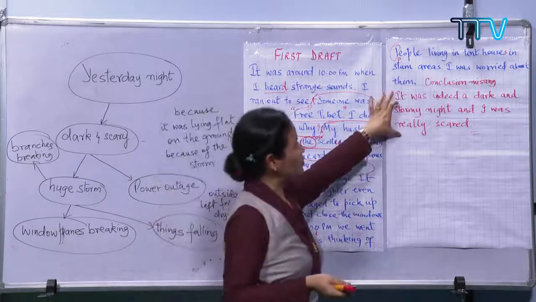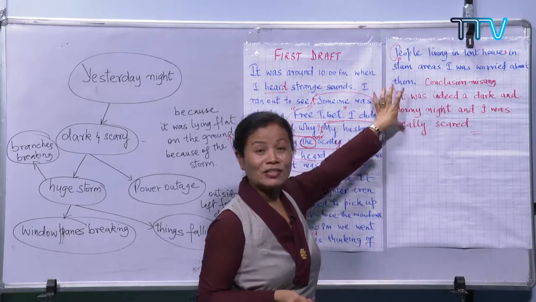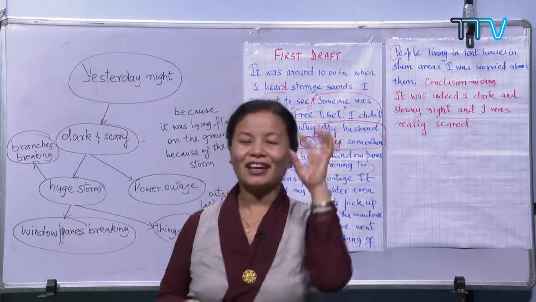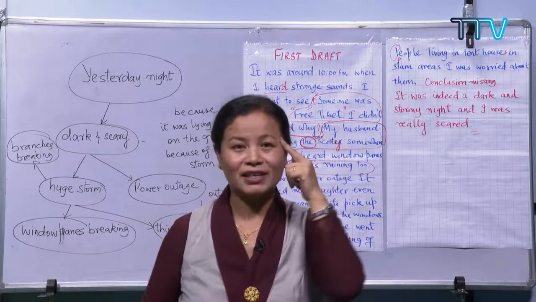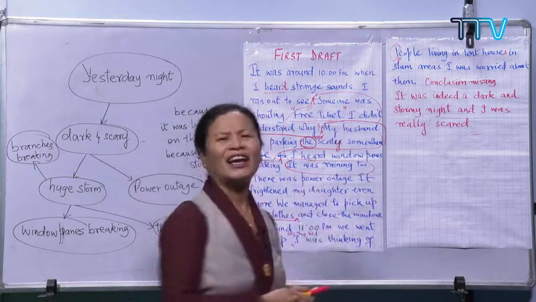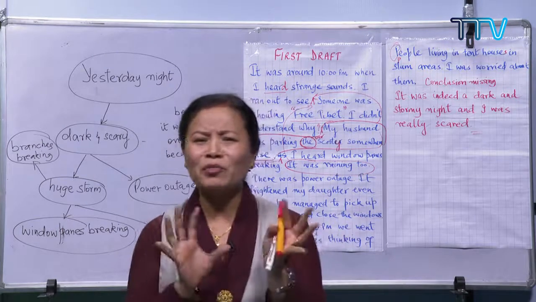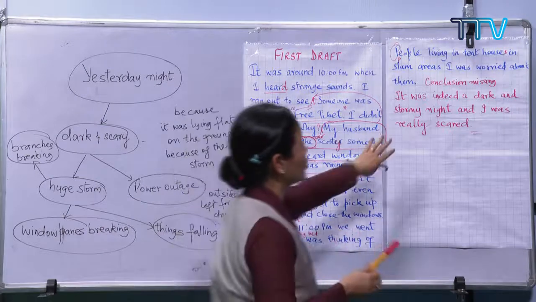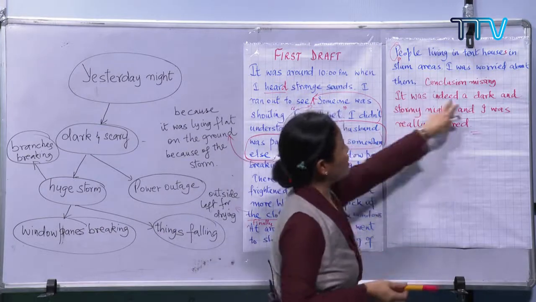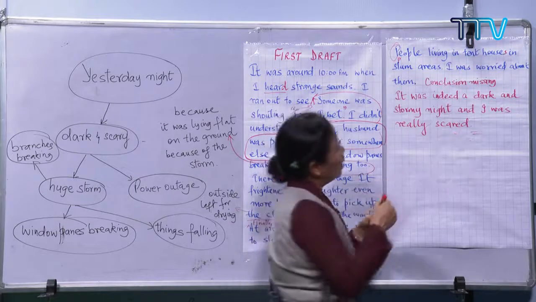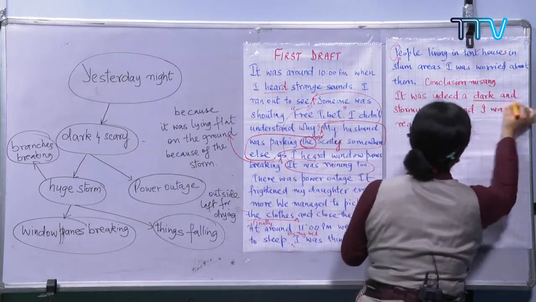As soon as I finished writing the concluding part, suddenly an idea came in my mind about my topic. Yesterday night, snow charm, right? Very boring, isn't it? So how about changing this? Because I got the idea now from here. It was indeed a dark and stormy night, and I was really scared. How about choosing this part?